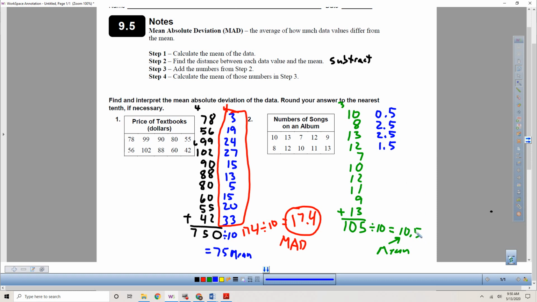And if you're wondering how I'm doing that so fast, all I'm doing is adding a half to get me to 11, and one more gets me 12, so 1.5. 7 to 10.5, well, I think 7 to 10, that's 3, plus the 0.5, 3.5.